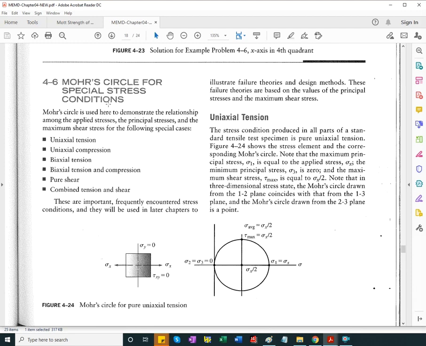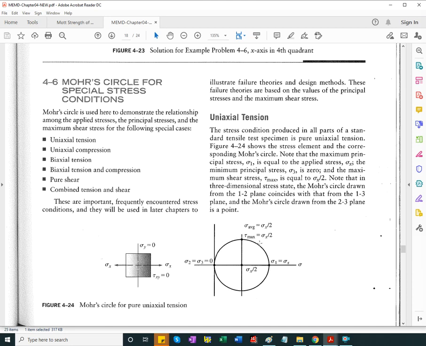So, special stress condition: if we have pure axial loading, this is already a principal element. So sigma x is going to be sigma 1, and it's a 2D circle. Sigma 2 is going to be sigma y equals 0, and the maximum shear stress is going to be the average, sigma x plus sigma y divided by 2.